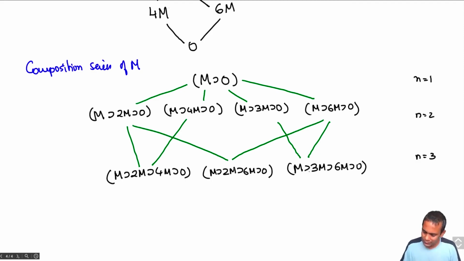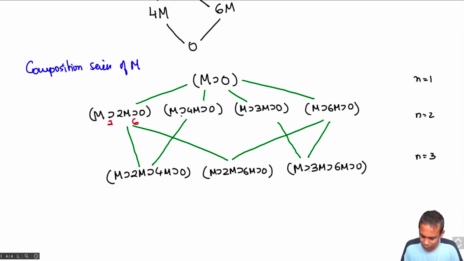Now just for fun, let's also write down the sub-quotients here, the quotients of this. So here we get 2, Z mod 2Z. I'll just write down the size of the sub-quotients. They're all cyclic groups, so there's no ambiguity there. And 2M is of order 6, so this here is 6.